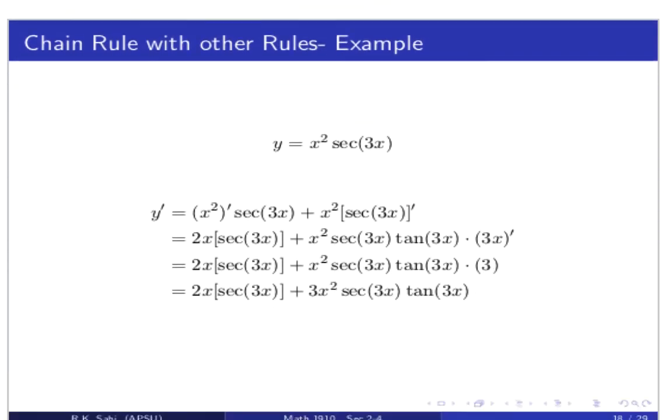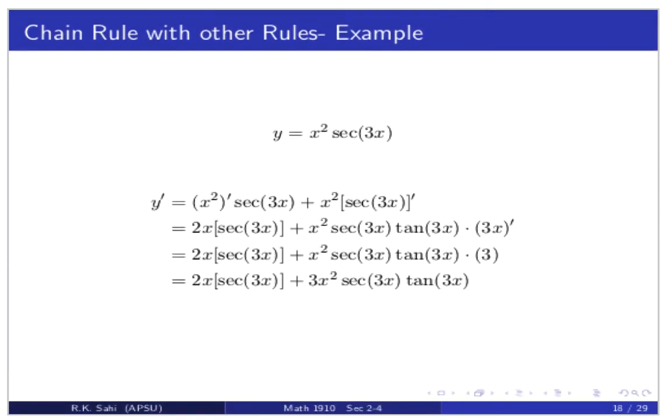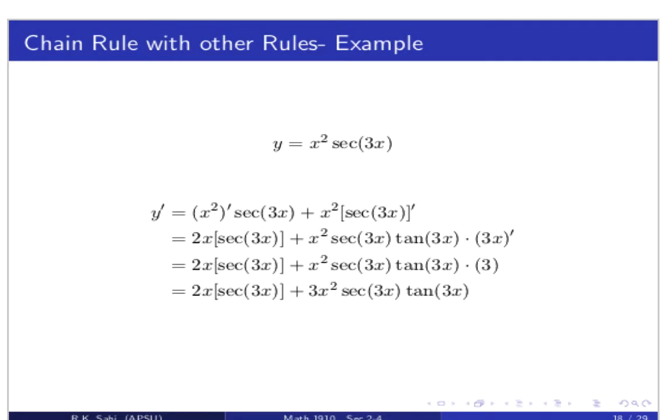Now let's look at chain rule with other rules. Here we have two functions: x squared times secant 3x. That means, first of all, we are going to apply the product rule. This is the first function, and this is the second function. And later on, when we take the derivative of the second function, you can already see it's going to have a chain rule.